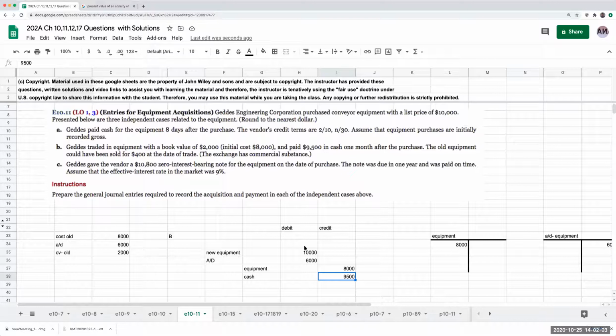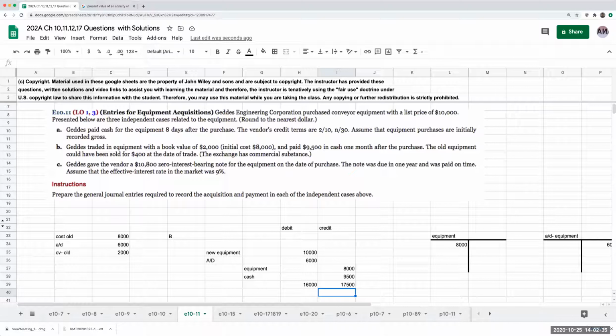Now, the issue comes in where I have total debits of 16, total credits of 17,500. And so when I'm going through and looking at this, I've got a $1,500 balance. So your book is doing something a little bit differently. It's saying that the old equipment could have been sold for $400 at the date of trade.